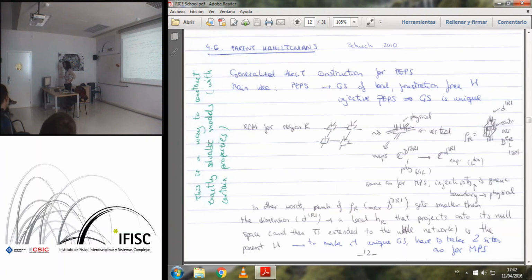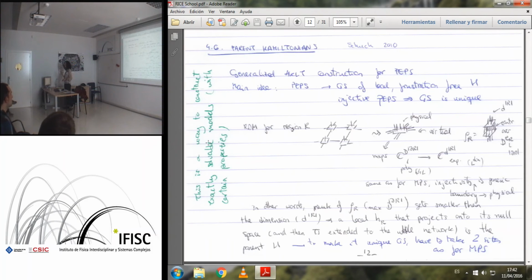From the properties of the transfer operator, you can say things about excited states. So if you are given an MPS, or I guess PEPS also, I'm not sure about the PEPS, for an MPS for sure, you can look at the spectral properties of the transfer operator, and it contains information about the low energy excitations. But I don't know if this is connected to the parent Hamiltonian construction. I should check it out.